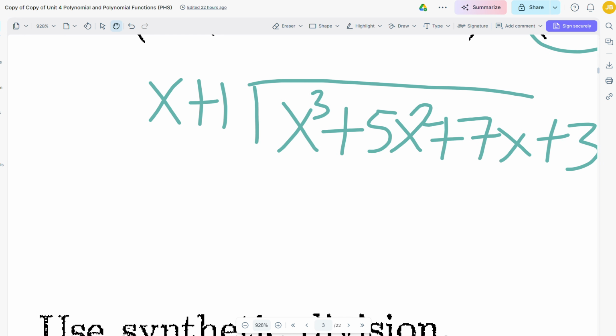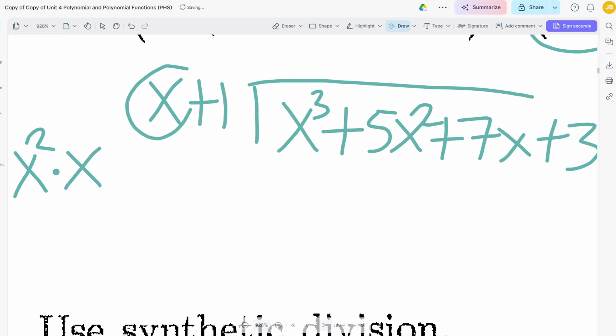So what we want to do is, again, remember what we have. We're going to look at our first term, x to the power of 3, and I need to make my x into x to the power of 3. Well, how do I make x into x to the power of 3? I would multiply x to the power of 2 times my x that I have here, and x squared times x is x to the power of 3.